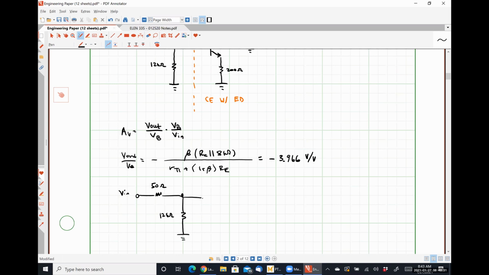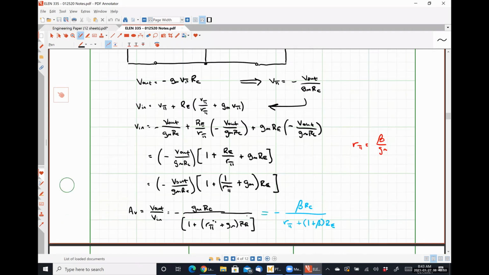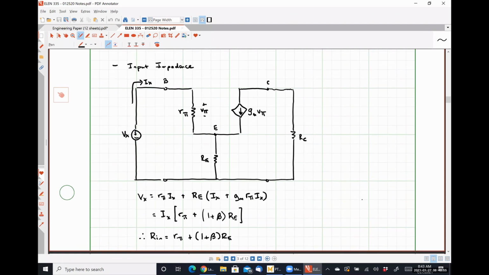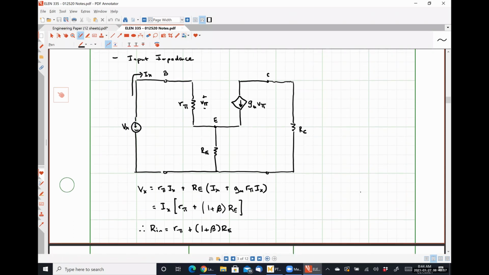And then it sees, so here's that node where VB is taken, the input resistance of my transistor amplifier stage, right? So if we go back to our notes, the input resistance of this transistor amplifier stage, or input impedance, is simply R pi plus 1 plus beta RE.